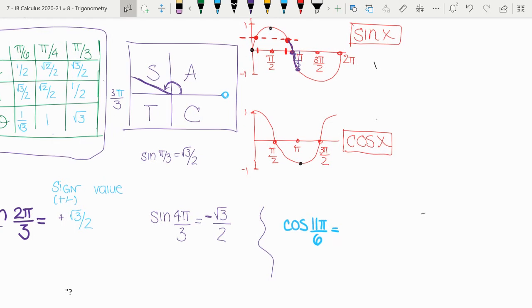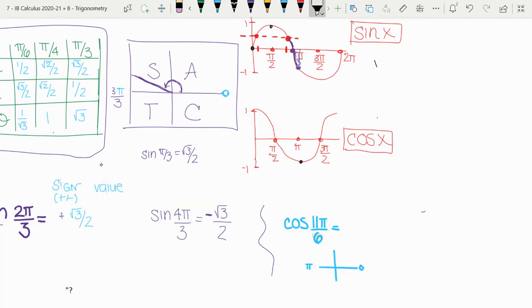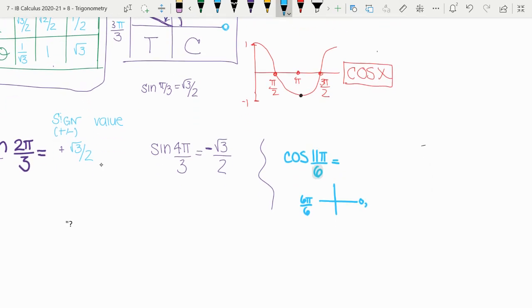Again, we need two things. We need to figure out what quadrant it's in. If I label this 0 and pi, because this denominator is telling me, hey, can you count in increments of 6, I'm going to change this to 6 pi over 6. It's a smart version of pi. Meaning over here, this would be 12 pi over 6. So where does 11 pi over 6 lie in this grand scheme of things?